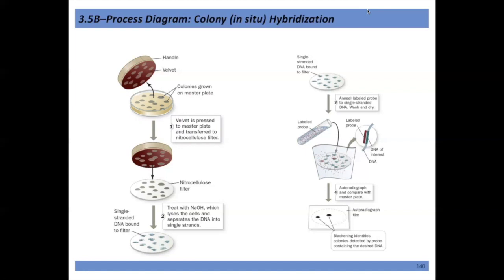So this is just a way that if you're trying to grow up lots of different types of DNA, you can do that. And you can imagine that you could take this velvet plate and put it on a different nitrocellulose. So you're not going to transfer all the organisms. Essentially what you'd do is stamp it across 4, 5, 6, 7, 10 different nitrocellulose filters.